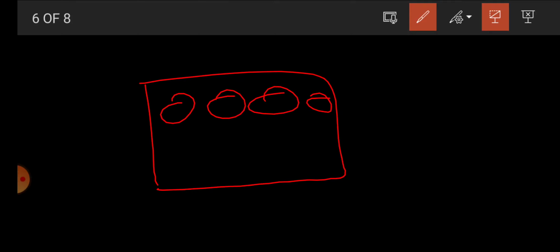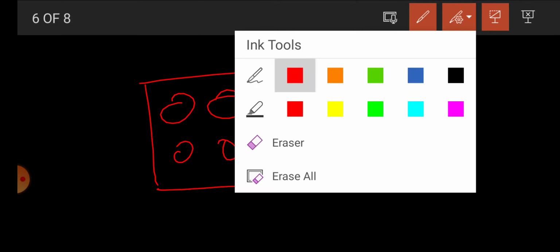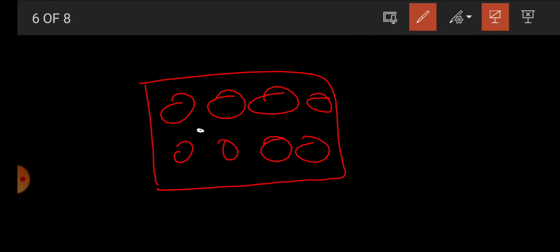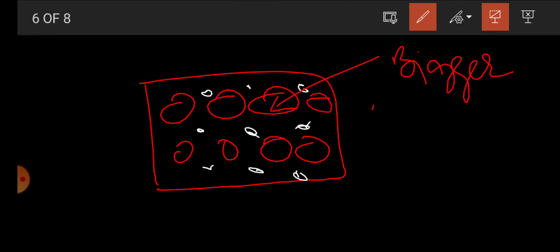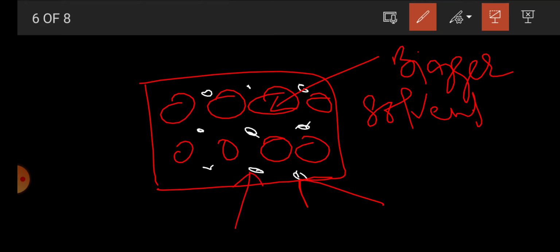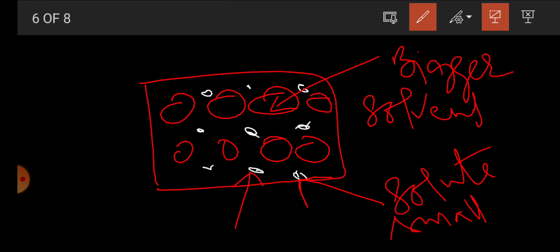Okay, students, these are the two categories we have discussed. If we take the example of the carbide, you can see here that these white dots represent the carbon, and the bigger ones represent the solvent. The white ones are of small size.